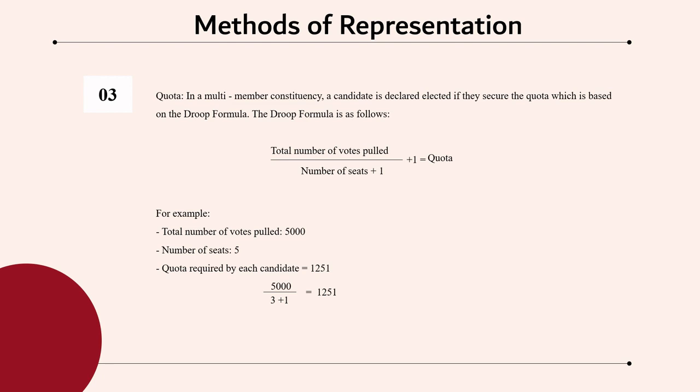In the first counting, only the first preference votes are counted. If candidate C secures 2,000 first preference votes, but he requires only 1,251 votes to fulfill the quota and win the election, the remaining votes are then transferred to the candidate who is next in rank in votes but is unable to fulfill the quota on his own.